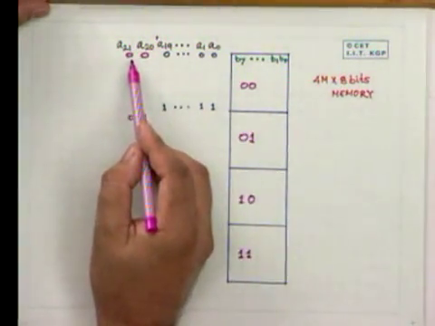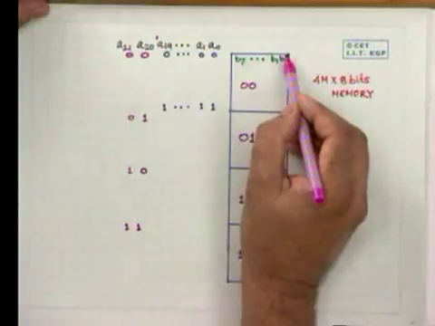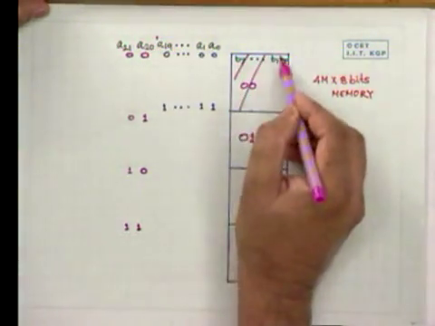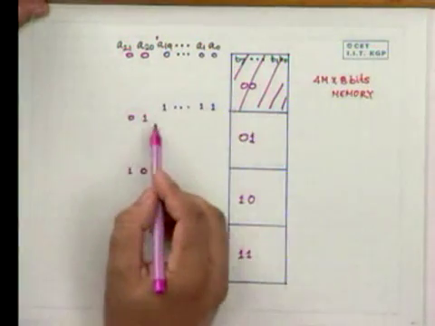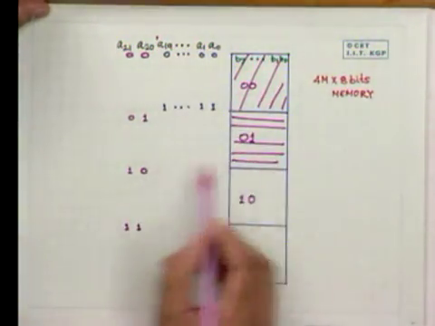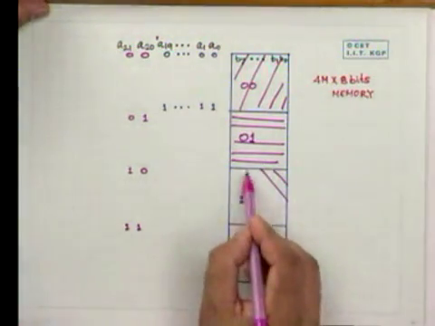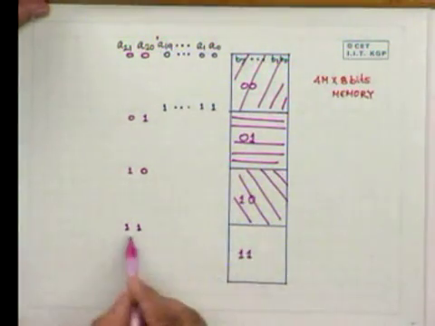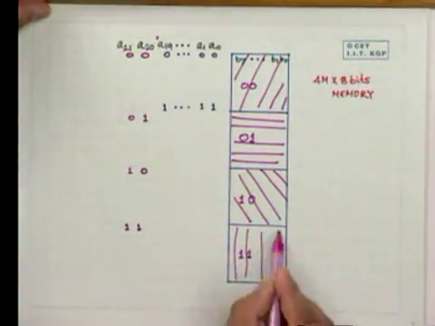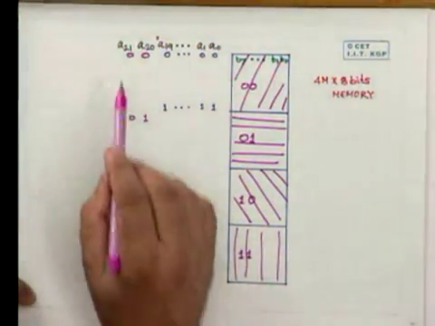This 00 will select, say, this portion. If it is 01, then this portion will be selected. If it is 10, then this portion will be selected, and if it is 11, then this portion will be selected. Therefore, 22 bits we need.